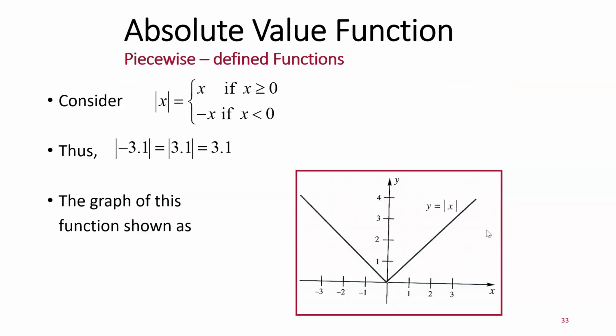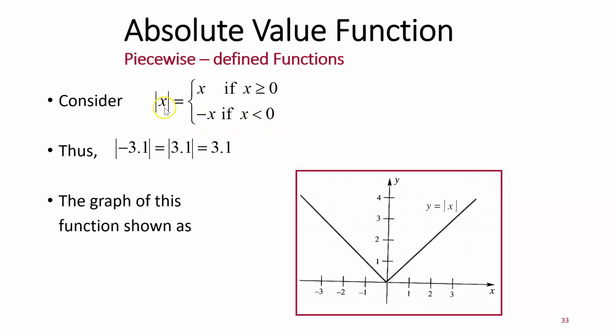While this is the absolute value function, like a modulus, but with a piecewise defined function. So you have a combination of absolute value and also piecewise defined function. So we consider a function, the absolute value of x, where this absolute value of x represents x if x is greater than or equal to 0, and negative x if x is less than 0.